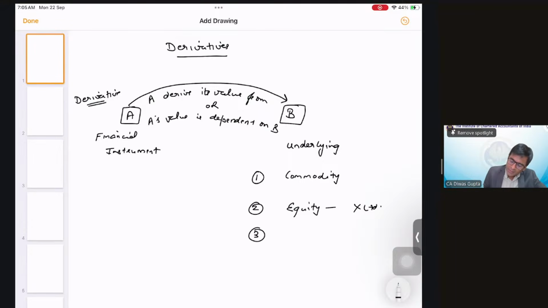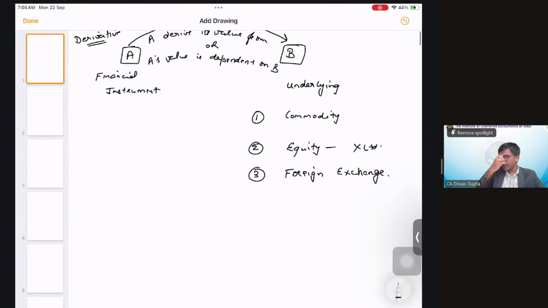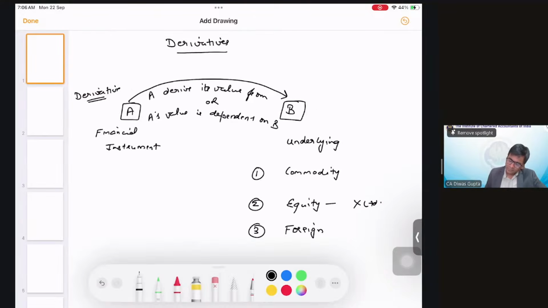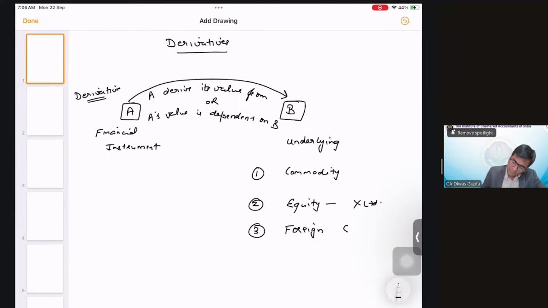Third, it can be foreign exchange. By foreign exchange, we mean the foreign currency. Let me write foreign currency slash exchange here.